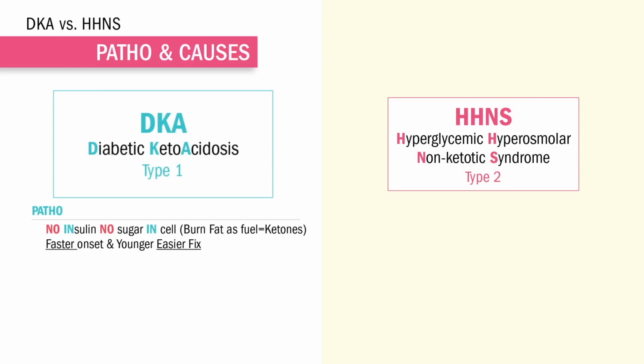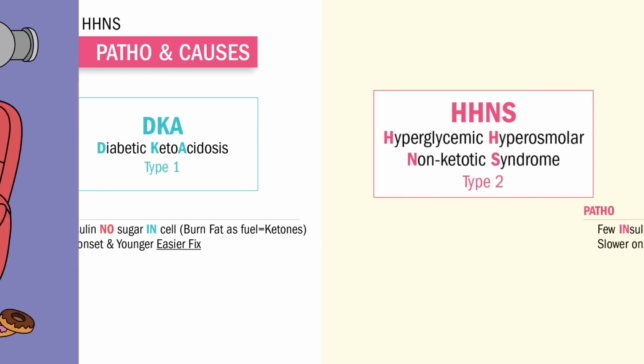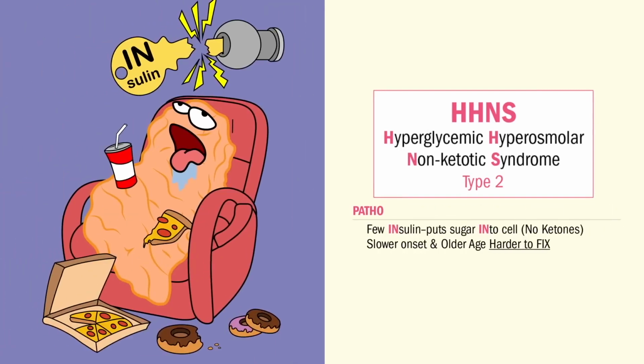Kind of like how a diesel engine blows off a lot of exhaust, ketone bodies are very acidic wastes. So we have high acid in DKA, or diabetic ketoacidosis.